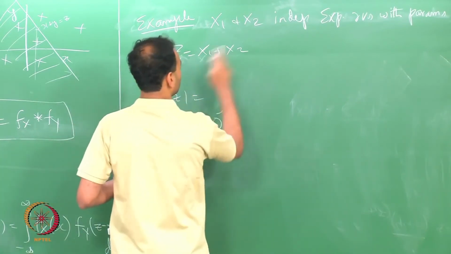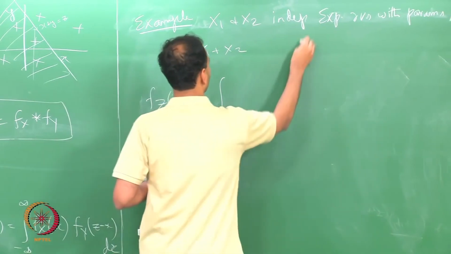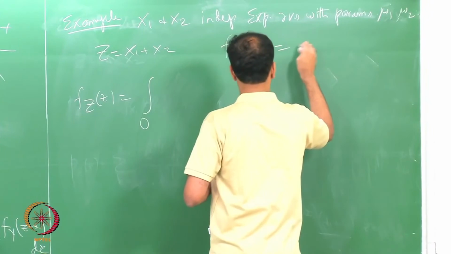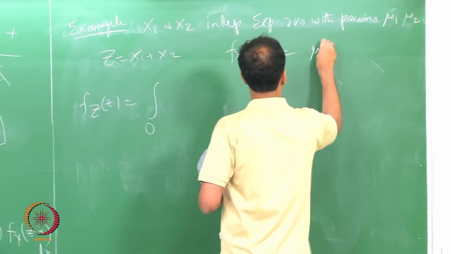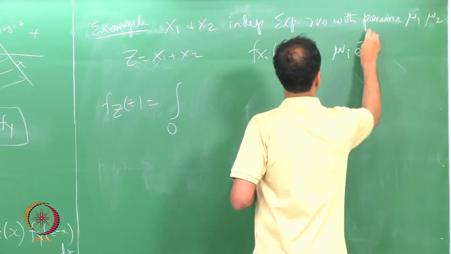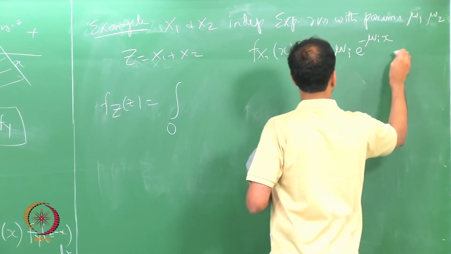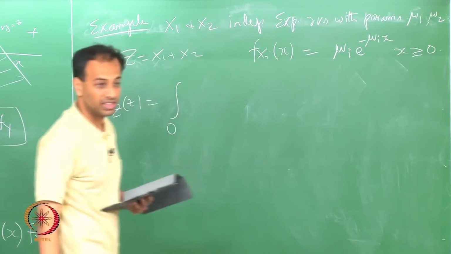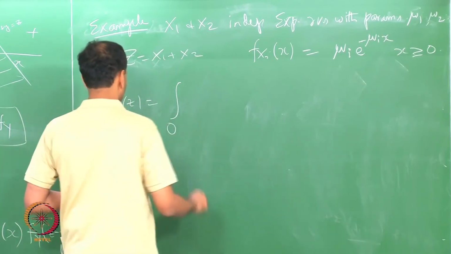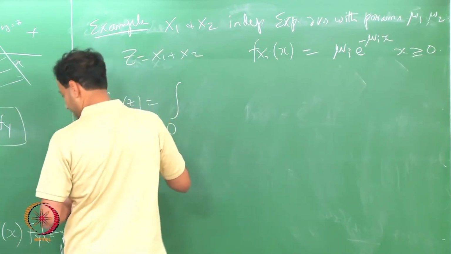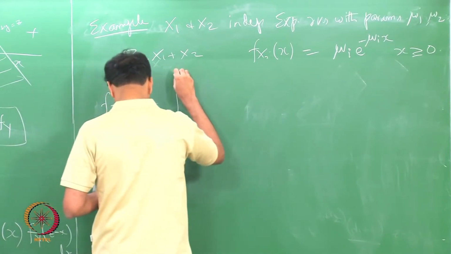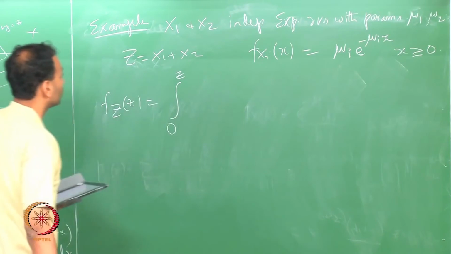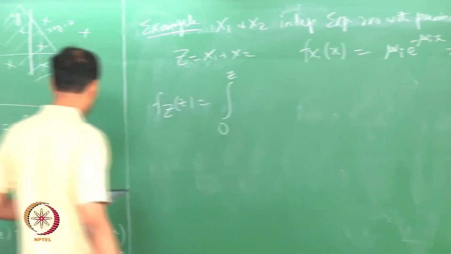These PDFs are known, right. So, f x i of little x will be mu i e power minus mu i x. The individual CDFs and PDFs are known to you. For this you will take the integral from 0 to z, because that is where both densities are non-zero.